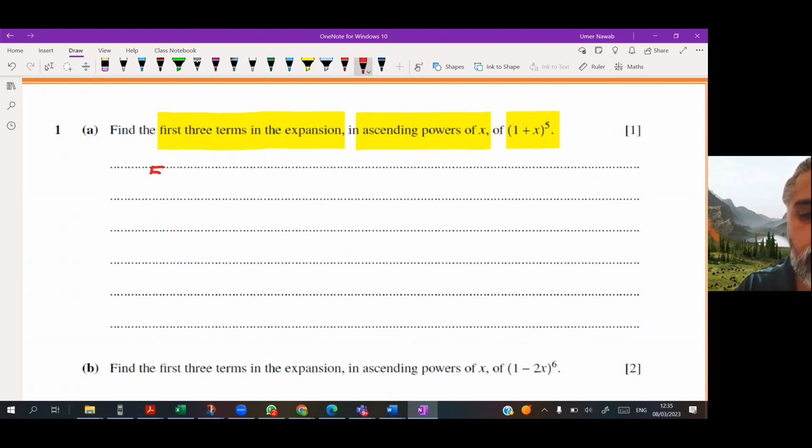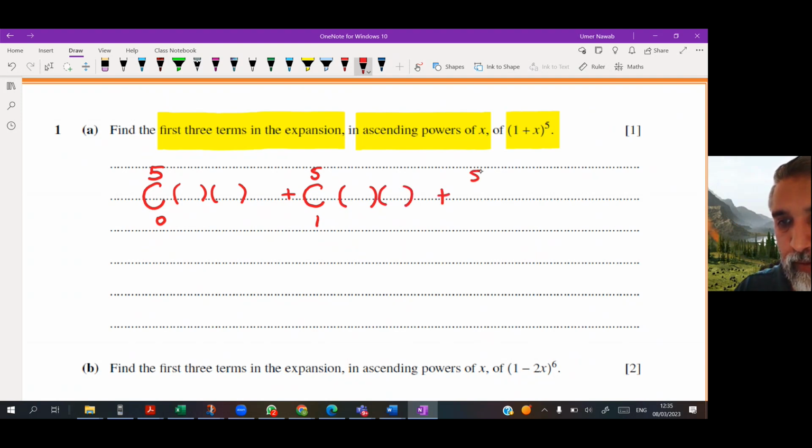First thing is 5C0, 5C1, 5C2. Powers 5, 4, 3 and 0, 1, 2, then 1, 1, 1, and x, x, x.